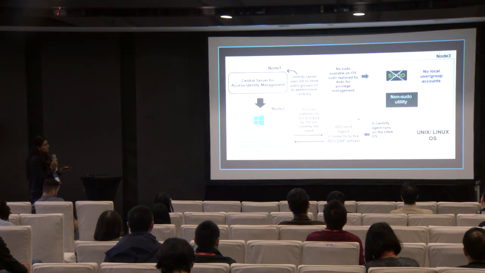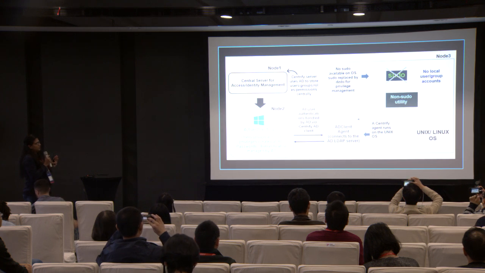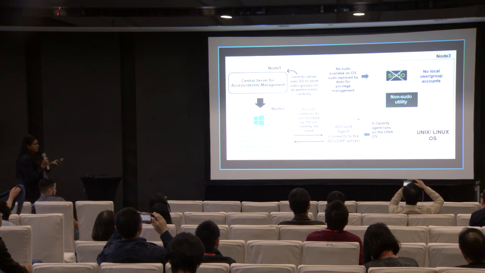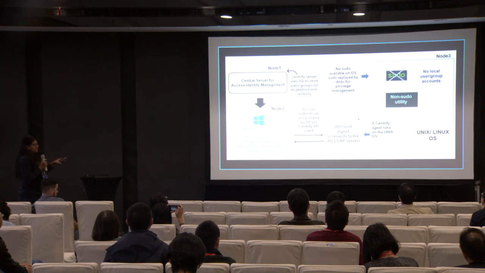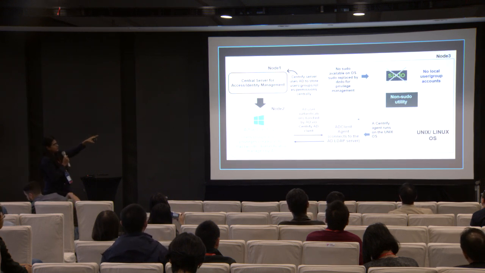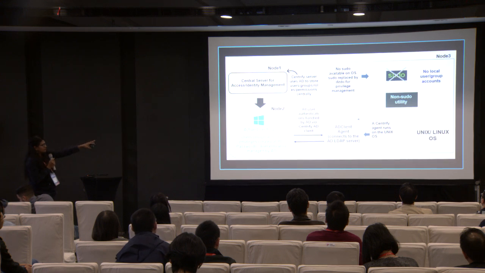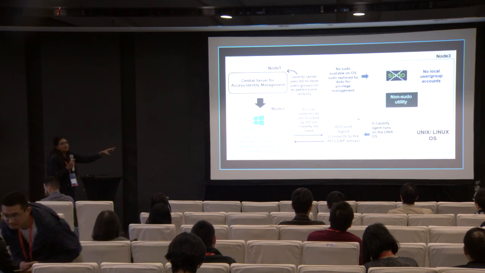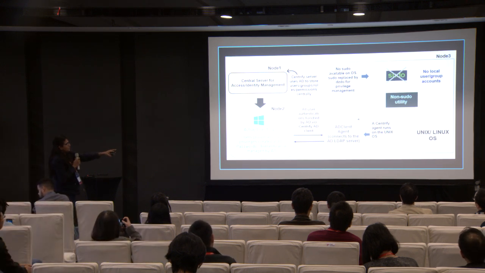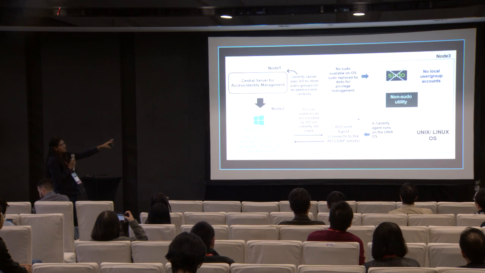Now, this is the architecture of a Linux system which has a central access management server. I've divided it into 3 nodes, node 1, 2, and 3. Node 3 is your Linux system, which is going to have OpenStack installed. As you can see, node 3 doesn't have any sudo.